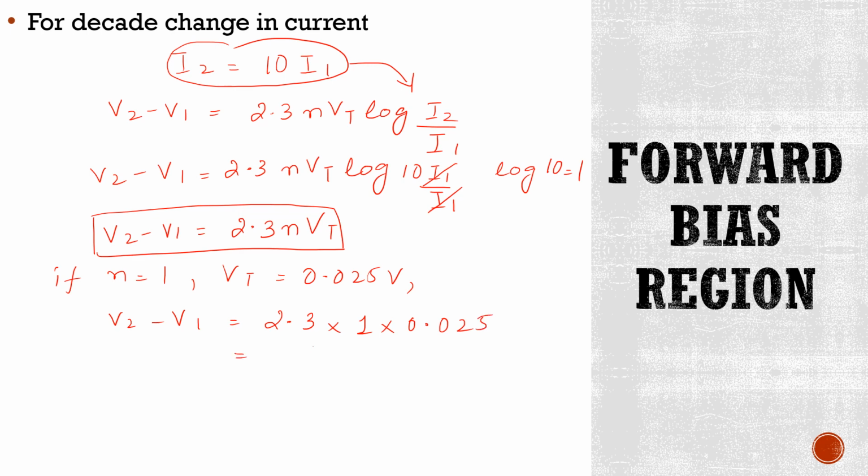It will give us 0.0575 volts or 57.5 millivolts. Okay, so this is how you are going to solve different problems using this equation.